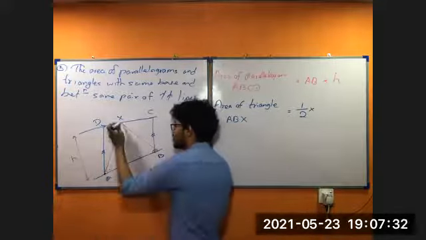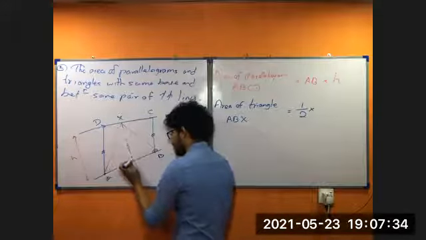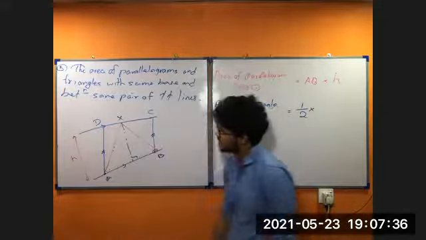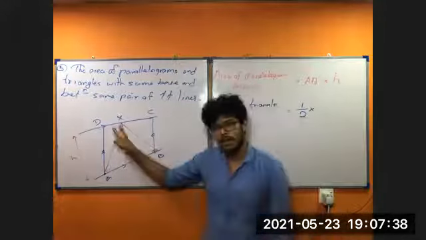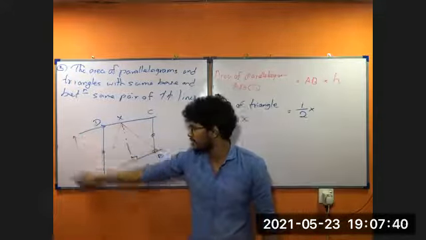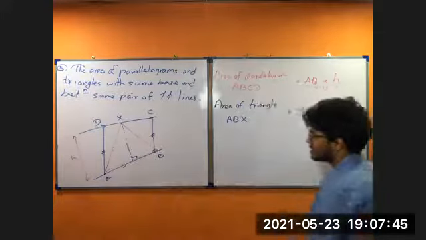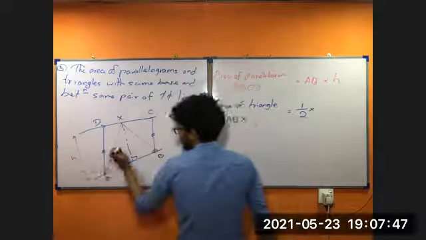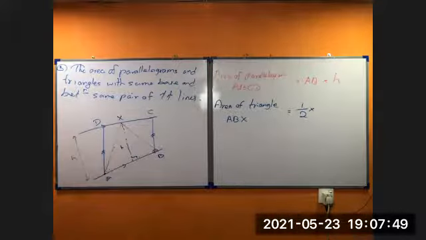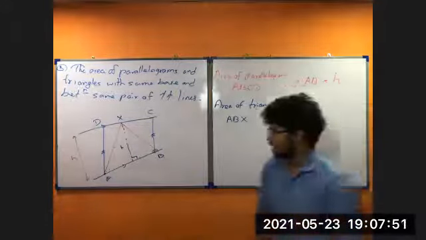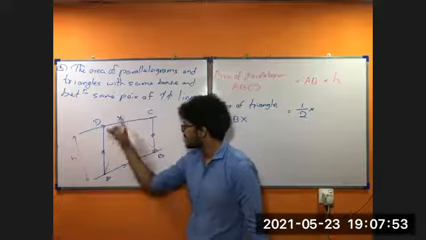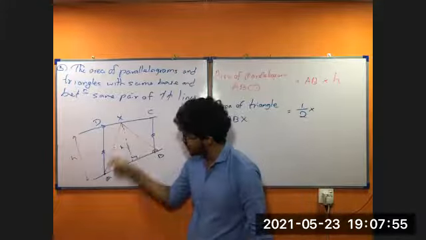But this perpendicular height, I know it. When you draw 90 degrees, the distance from here to here is h, the distance between the two parallel lines. So in that case, I will have to select this base. I cannot select this base because I don't know this perpendicular height.